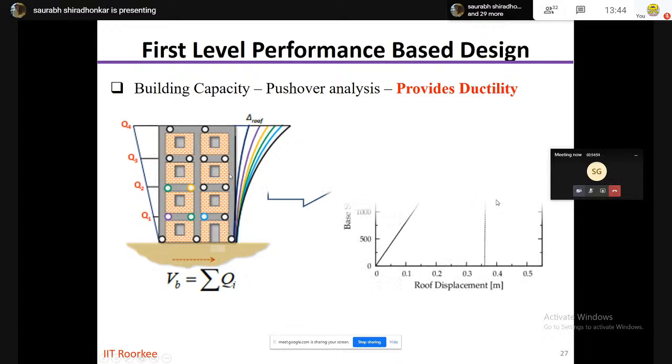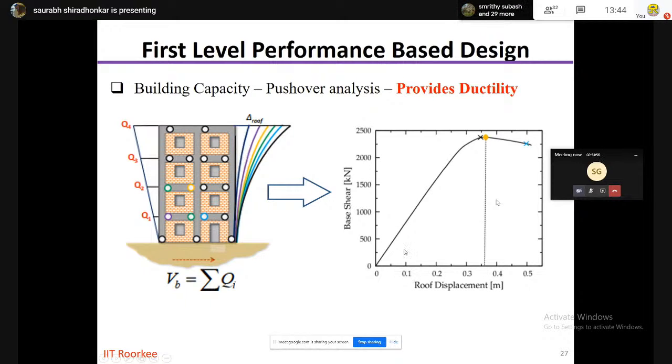And as we push, we measure the amount of force that is being generated at the base, which is the base shear. So as you are pushing this building, you are applying the displacement, and then you are measuring the reaction, which is the base shear at the bottom. So this is what you will get, which is called a pushover curve.